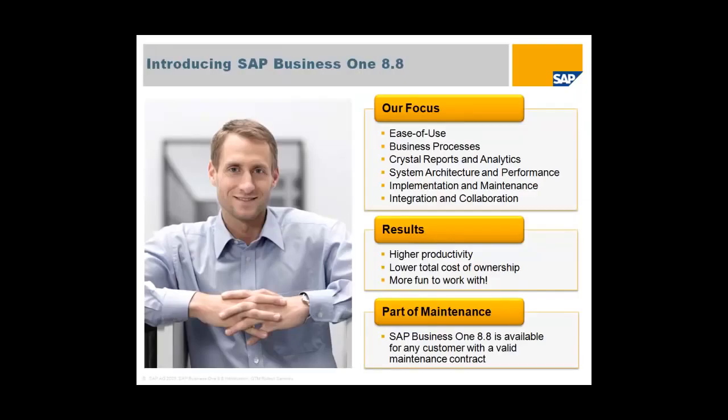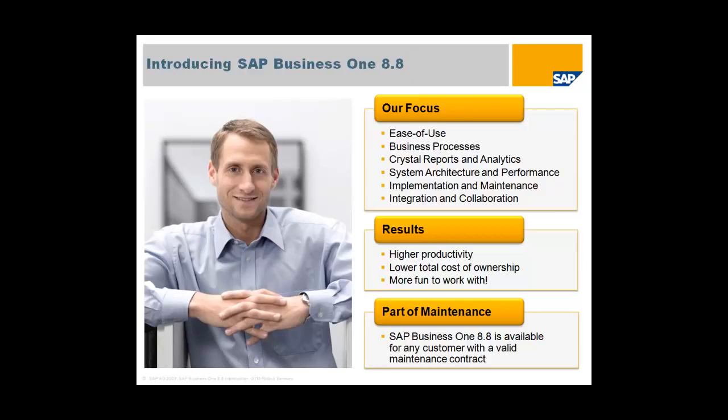Our focus in developing SAP Business One 8.8 has really been on 6 key areas. Ease of use, making the solution even easier for you to use. The business processes that SAP Business One addresses, enhancing and expanding those business processes.